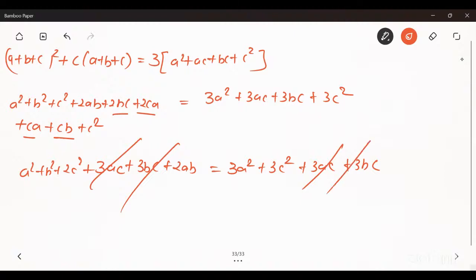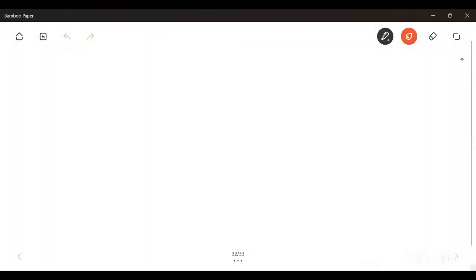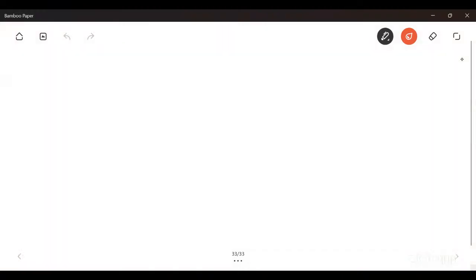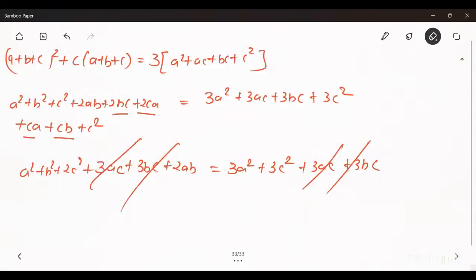And 3 times of AB, sorry, here AB will come out. AB, AC, then BC plus C square. So here, by mistake, I have written A square. So that was AB, not A square. Okay, so correct this mistake. This was AB, AB, AB.